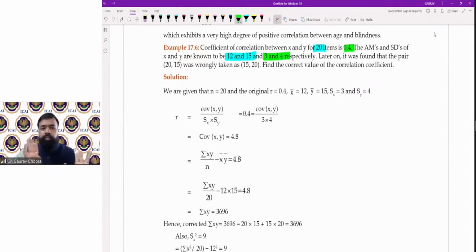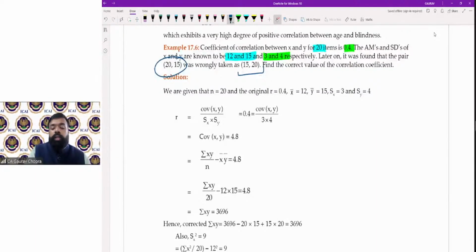So इतनी सारी values आपके पास available है. Now next क्या करना है? It was found that the pair 20, 15 was wrongly taken as 15, 20. एक पेयर था कौन सा? 20 and 15. इसको wrongly क्या ले लिया गया? 15, 20. So this is the error.